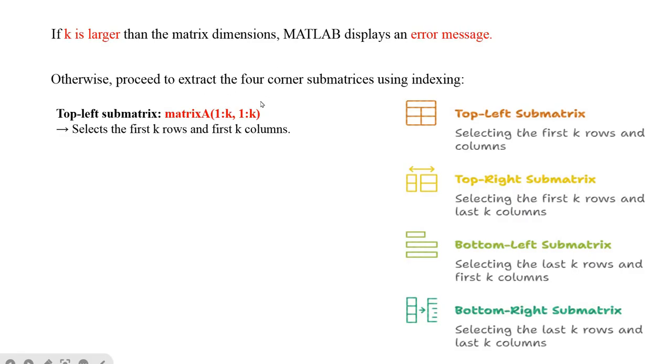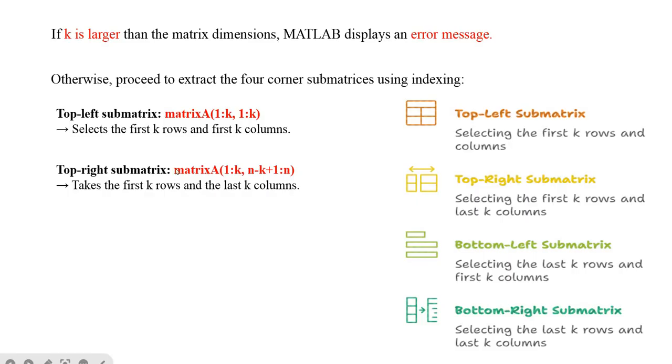So at that time it will be 1:k, 1:k, that is the first k rows and the first k columns. Next is the top right submatrix. For that, you use matrix A in round brackets 1:k, n minus k plus 1:n. This is the first k rows and the last k columns.